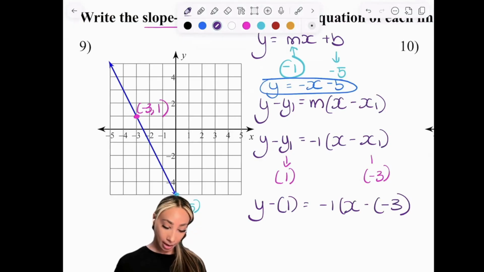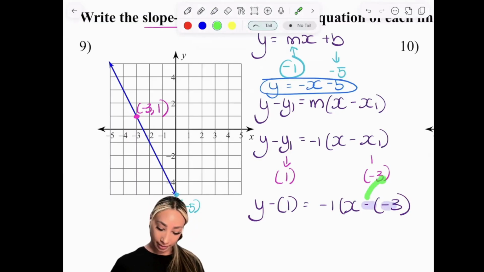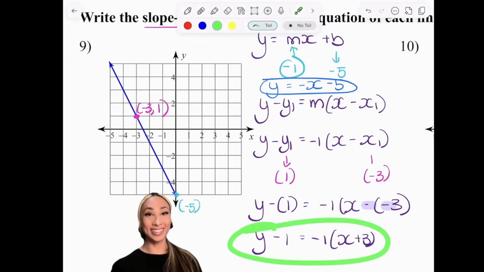And again, we see that pattern where there is a negative outside the negative. So whenever that happens, we can consider it as a negative times the negative, which will change it to positive. So this equation now becomes this. And that right there is our final answer for this one.